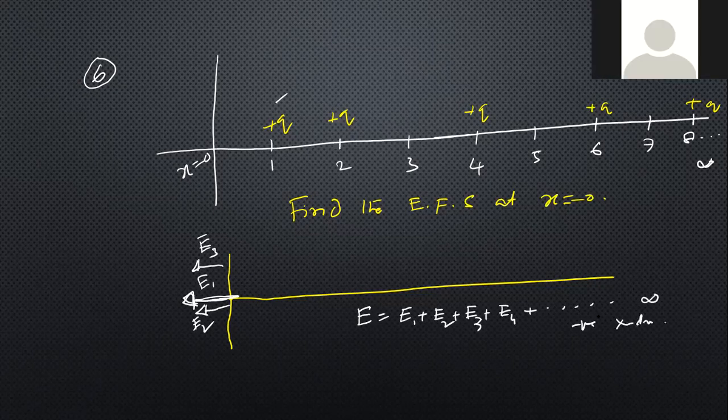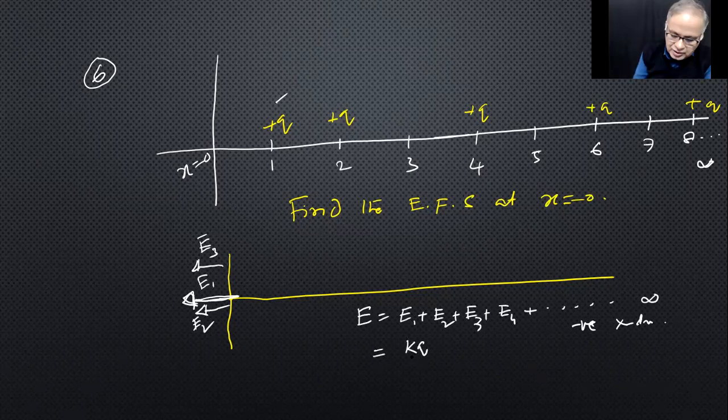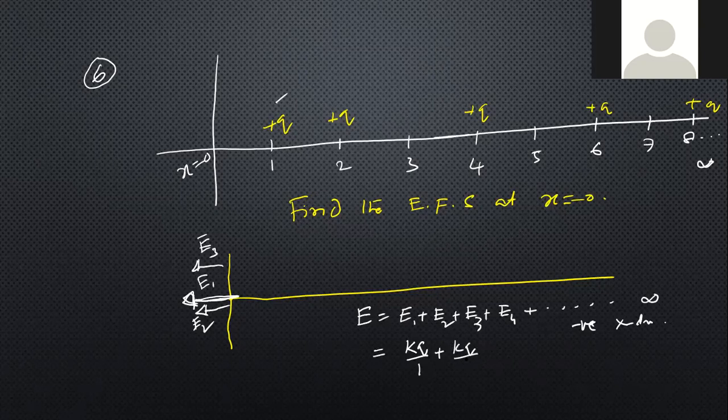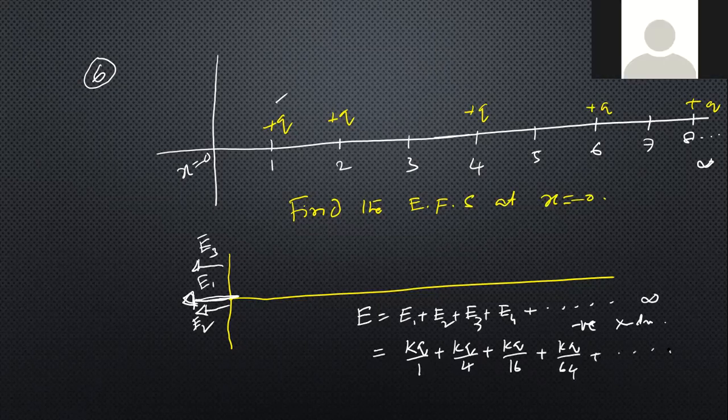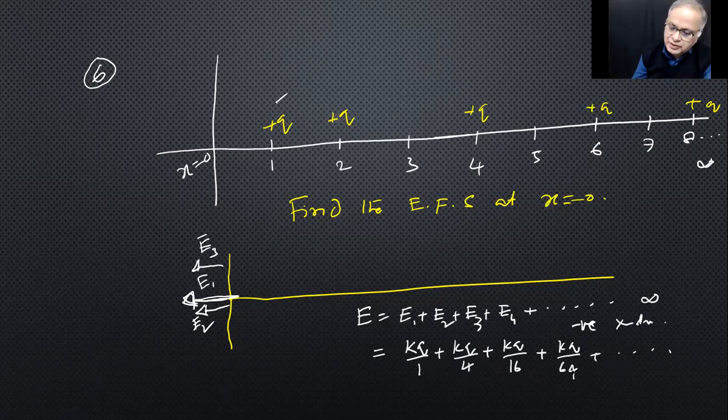Now E1 is how much? K q by 1 square. E2 is how much? K q by 2 square. E3 is how much? K q by 4 square. E4 is how much? K q by 8 square, actually.